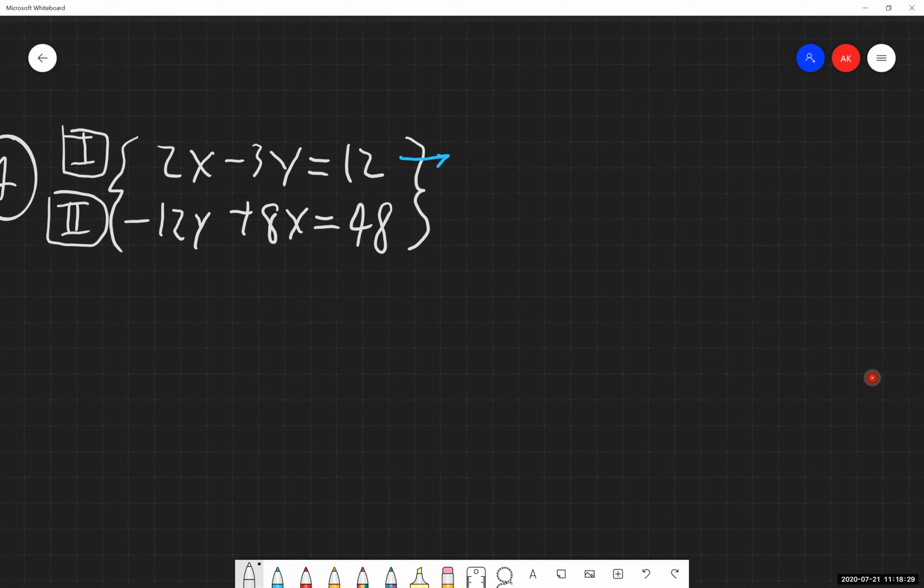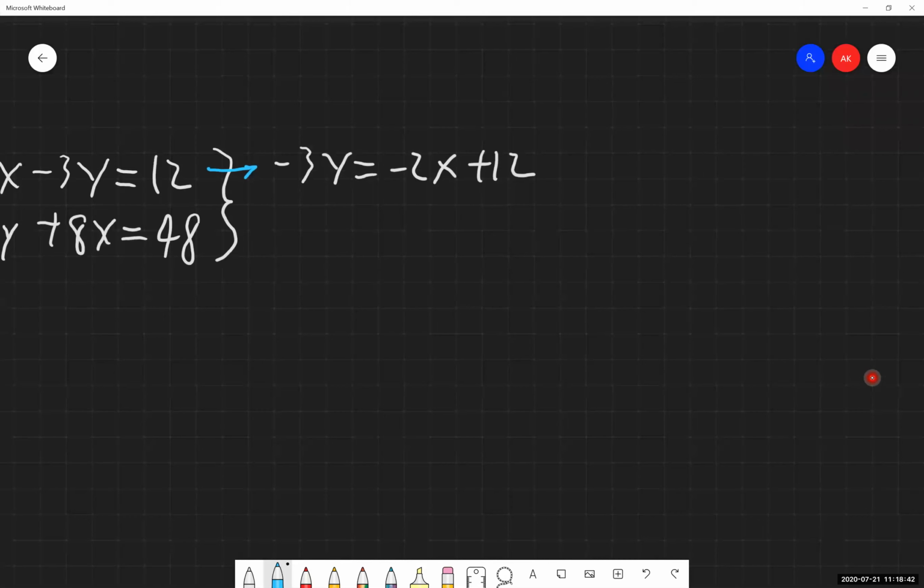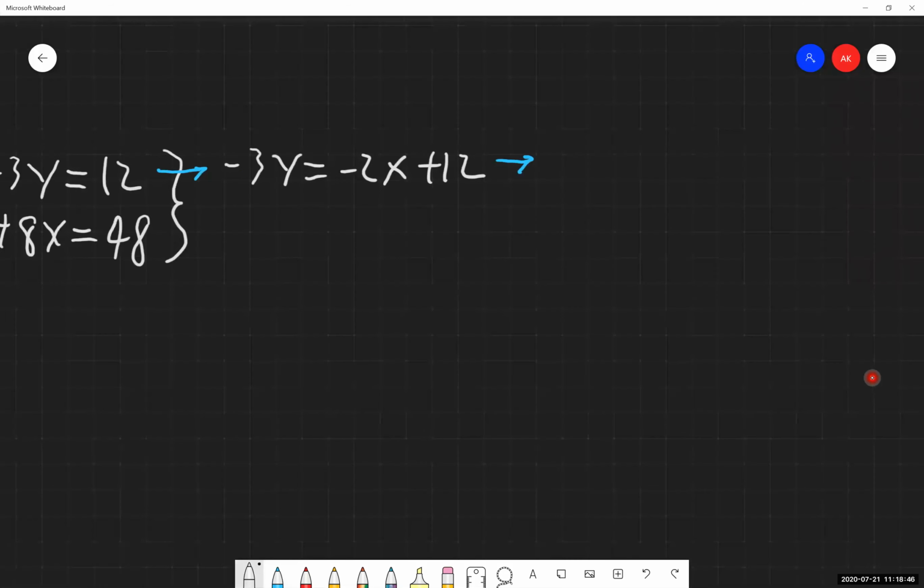So if I subtract 2x from both sides, get to that there. And then again, I want y equals, so I divide both sides, meaning every single term, by negative 3. So I'm getting 2/3 x minus 4.